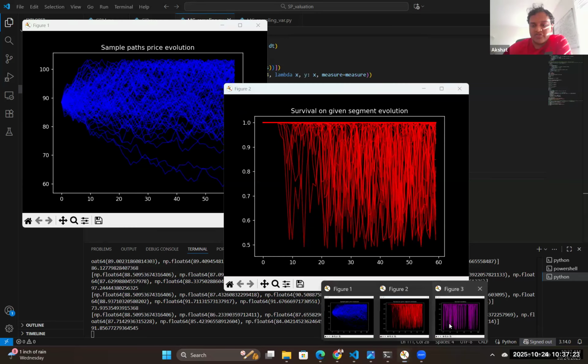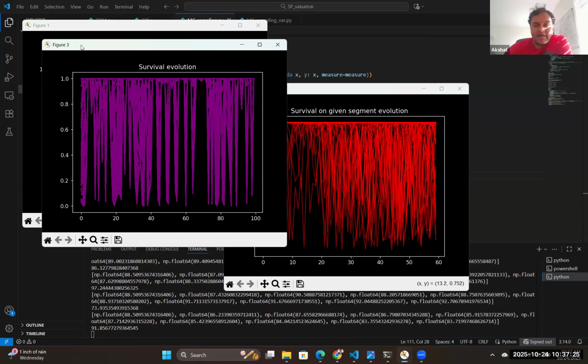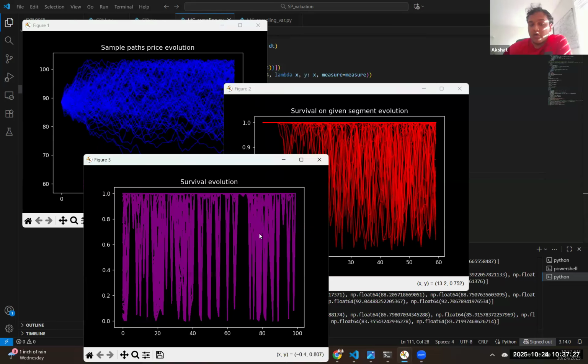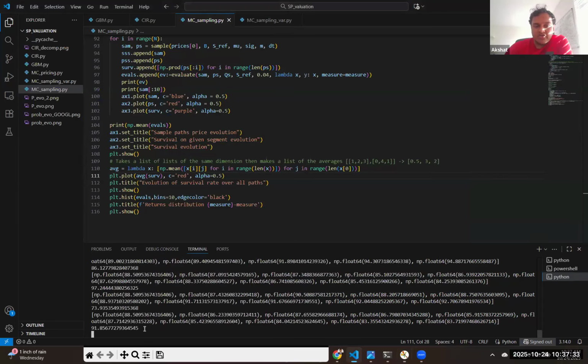We also have a clear understanding of the survival of the product overall, over all the paths. We're also getting a final price out of our model. So our model returns a price, the chance of survival on each segment, our overall chance of survival, and an understanding of our paths themselves.